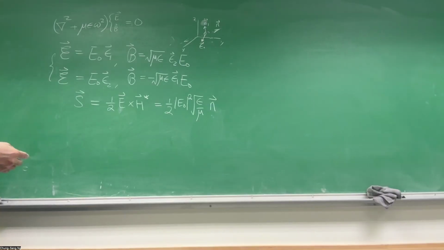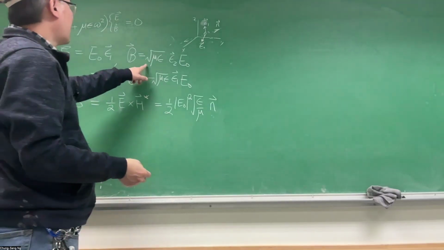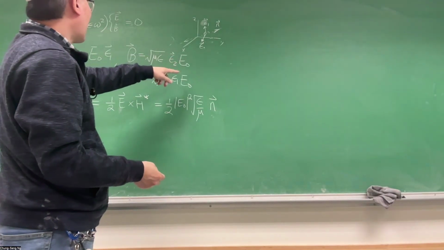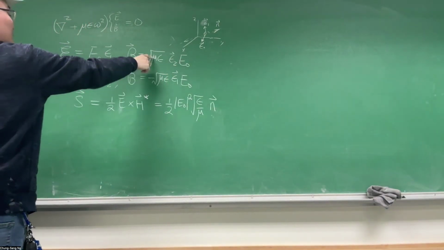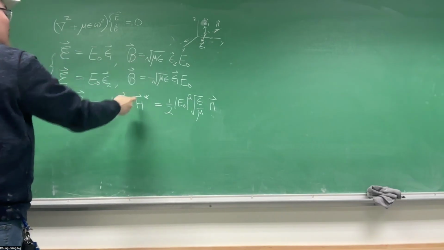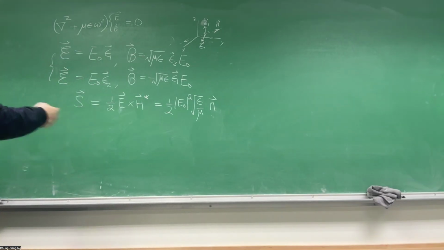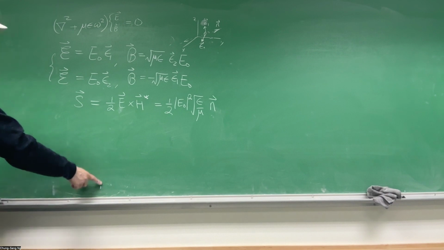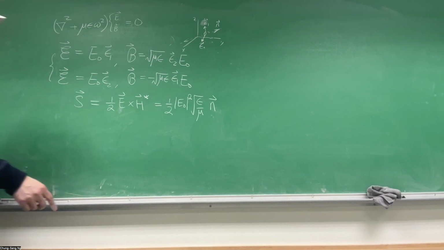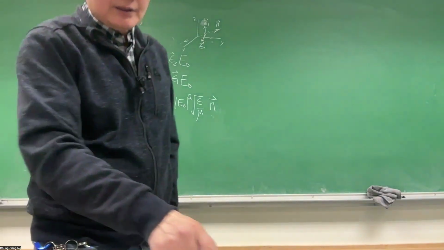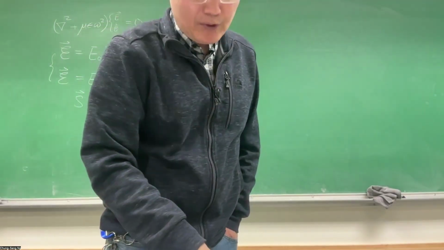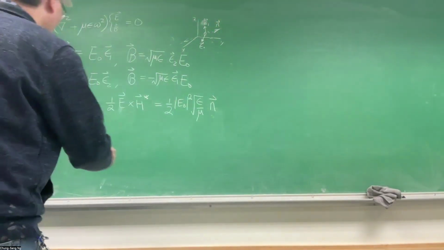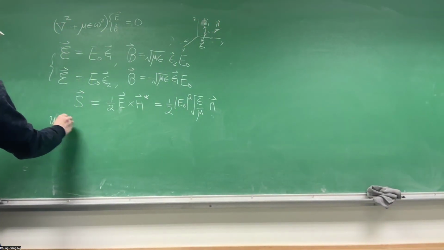If you change the sign of the k vector, then one of these B would need to change sign also to give you the backward direction. Okay, and so that's the Poynting vector, and then the same treatment you can apply to the energy density.